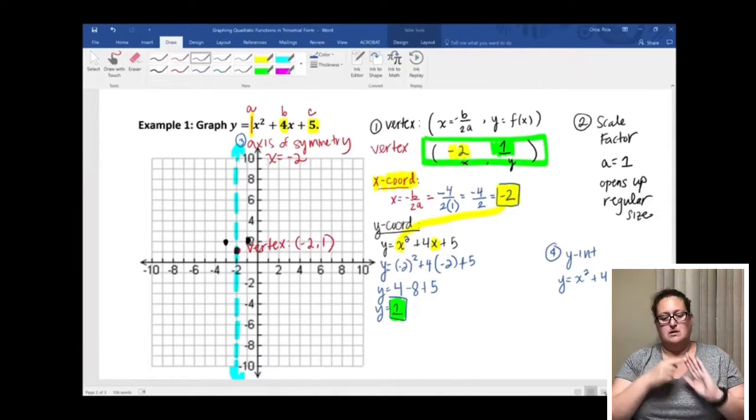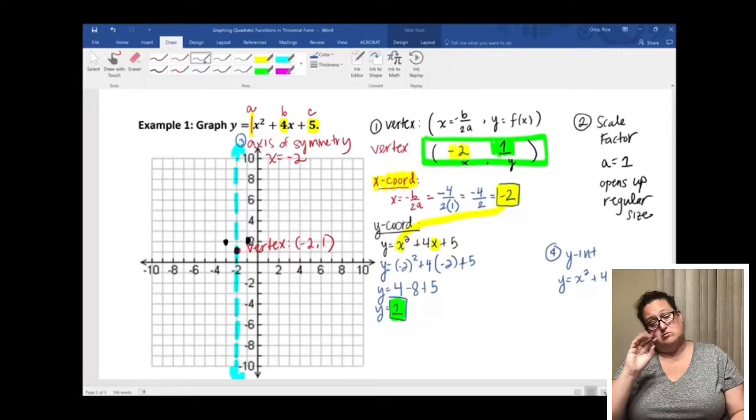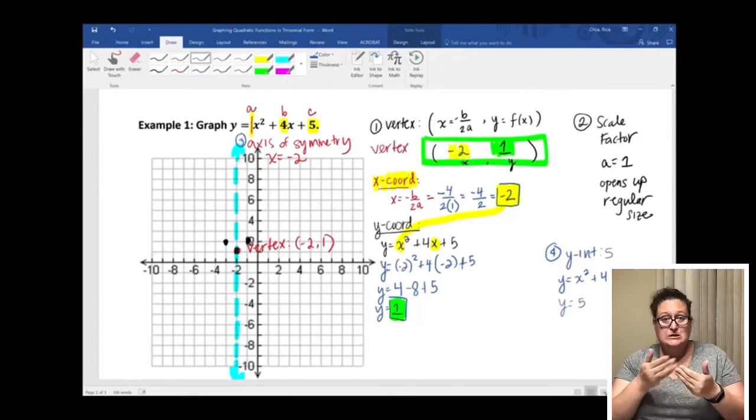For example, 0 squared is 0, plus 4 times 0, which is 0, and 0 plus 5 is 5. So the y-intercept is 5. Once again, to make it easier, your y-intercept is always going to be c.